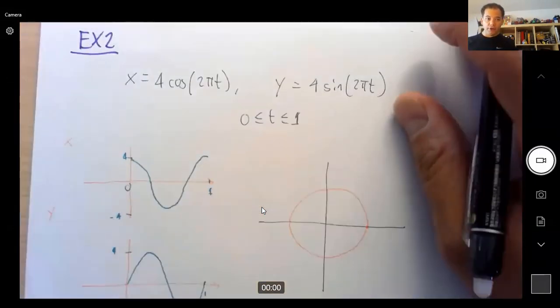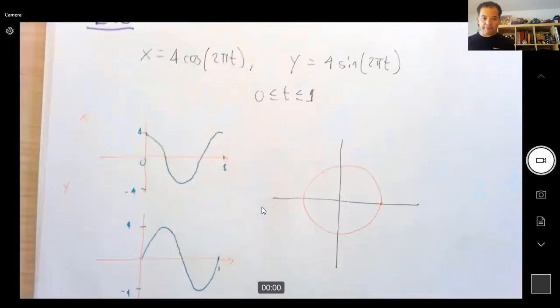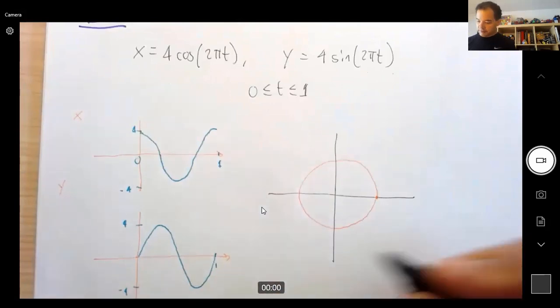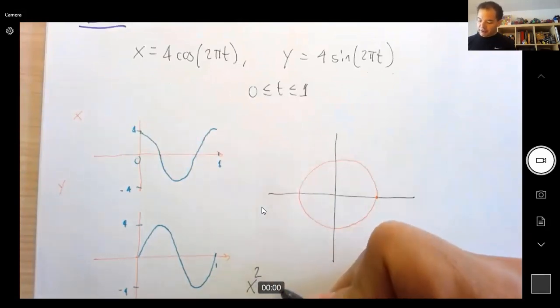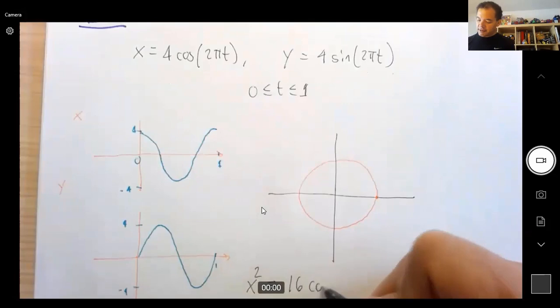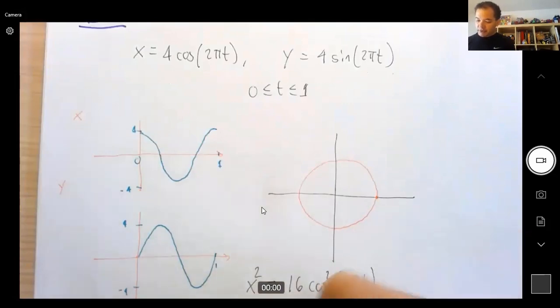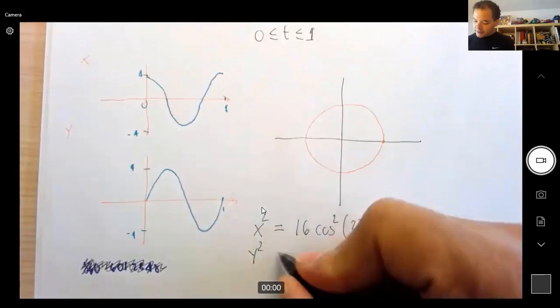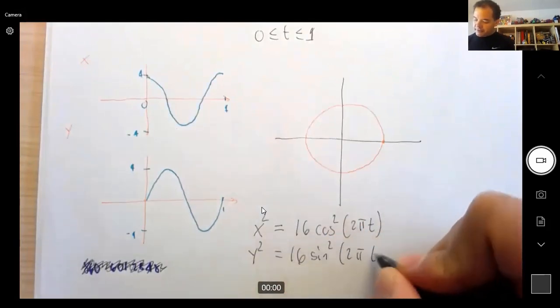What we want to do is square these numbers. So what would be x squared? When I do x squared, that would be 16 cosine squared of 2 pi t. And when I do y squared, that will be 16 sine squared of 2 pi t.